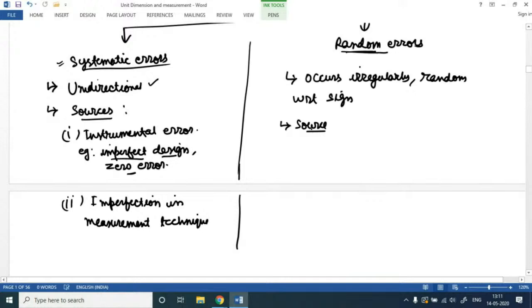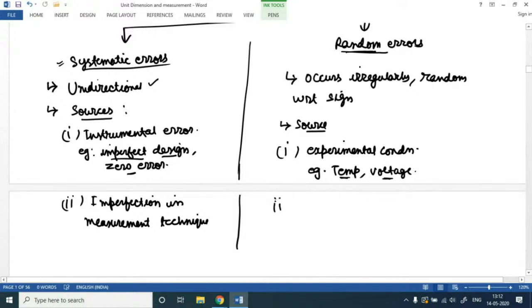The first source of random error is the random and unpredictable fluctuation of experimental conditions. For example, temperature might be fluctuating, or the voltage if we are doing some electrical experiment. Voltage etc. might be fluctuating, and the reading will change due to these small fluctuations, and we don't have any control over it. And these are basically random errors.